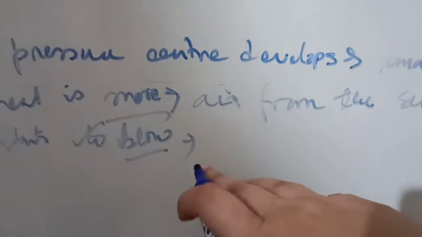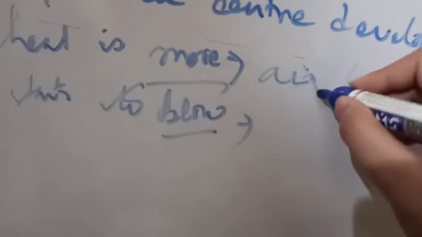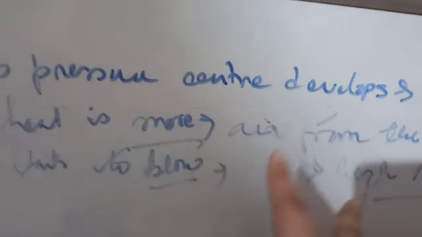The air is actually coming from the high pressure zone, and this exchange of air between the high pressure zone and the low pressure zone sets the movement of the air between the two places.